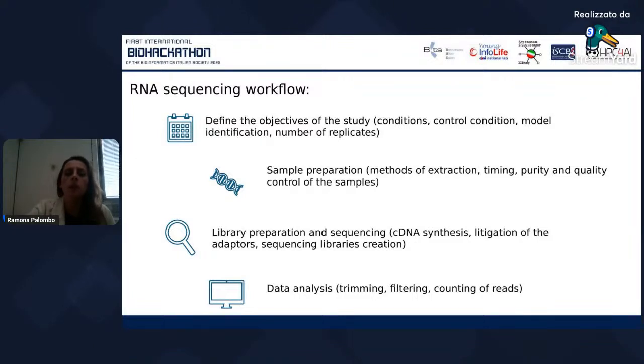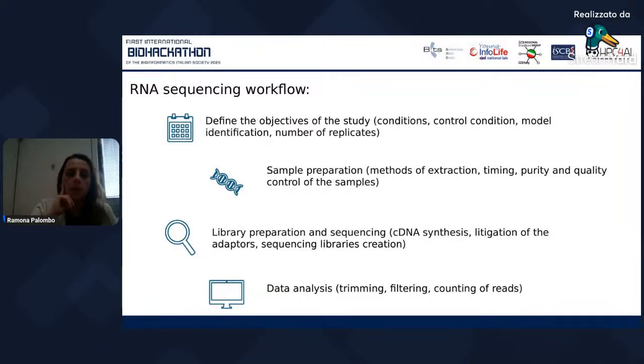And also the control condition, like I said before, we can imagine that we are studying a lung disease or a lung tumor, and so I decide to use a small portion, a sample that I can take from the other lung, to compare it with the tumoral tissue.